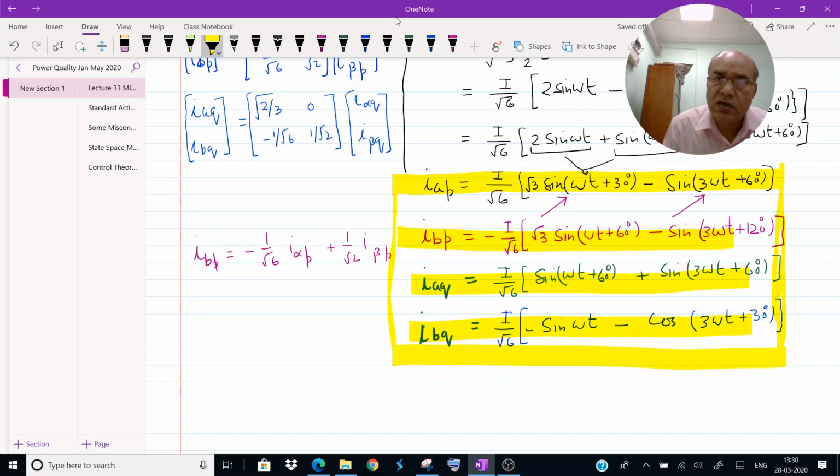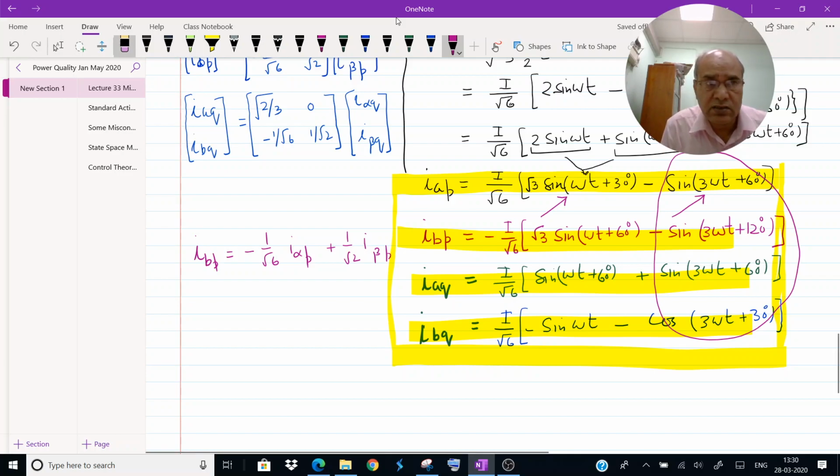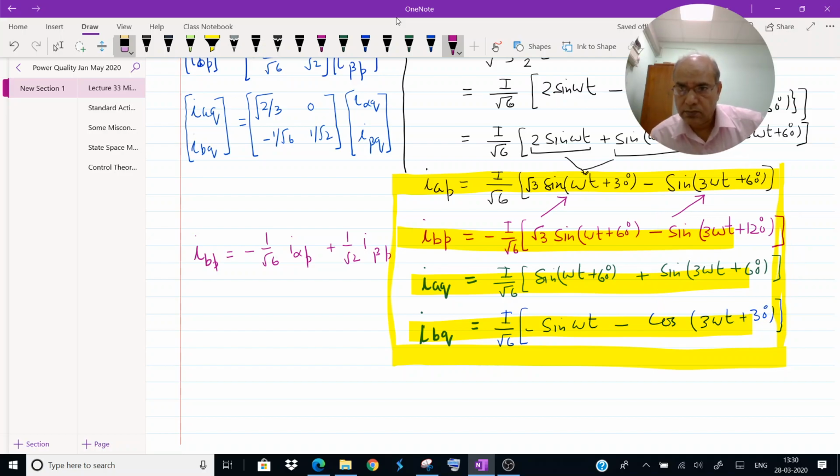So the first question comes: from where has this third harmonic component come into the picture, because we don't have any nonlinear load, we don't have any harmonic load. So why has this term come? Also note that we don't have any inductive or capacitive load.